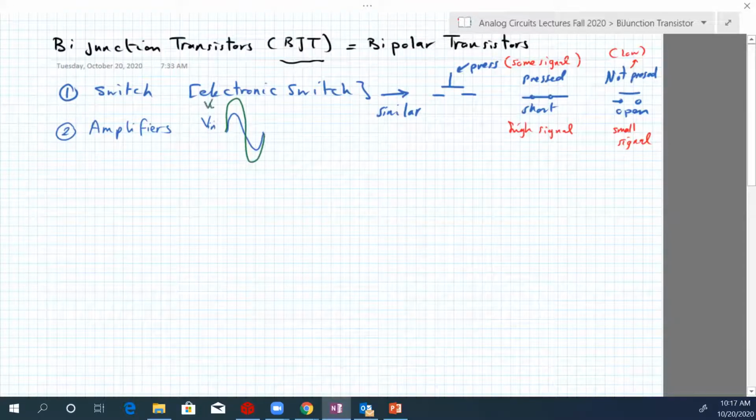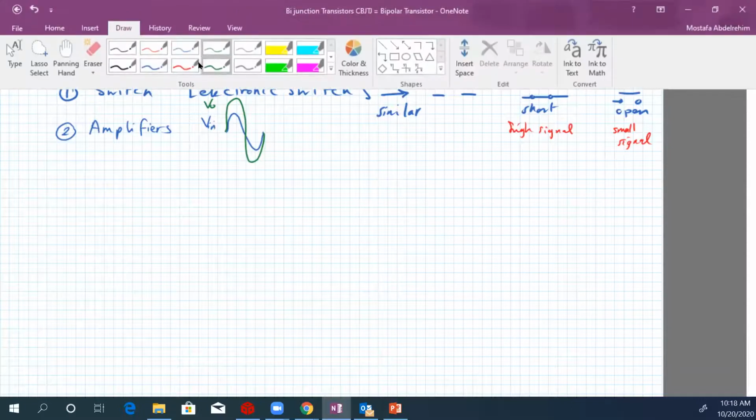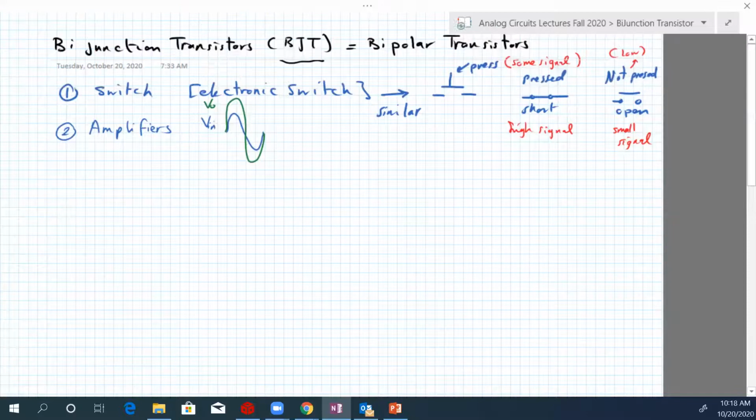So this is the output. We're going to concentrate on the amplifiers in most of this chapter of the course. So, how does the amplifier circuit look?